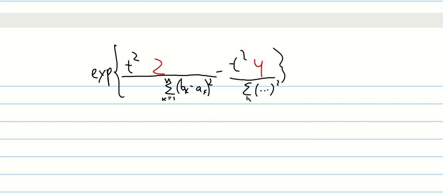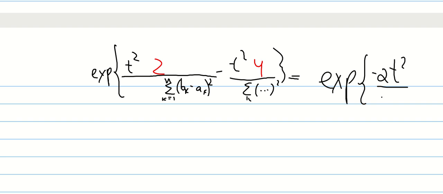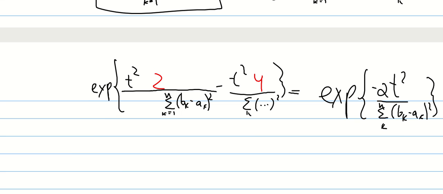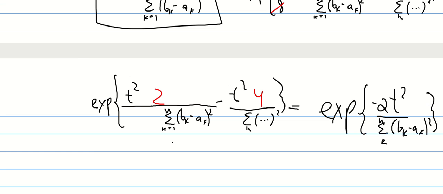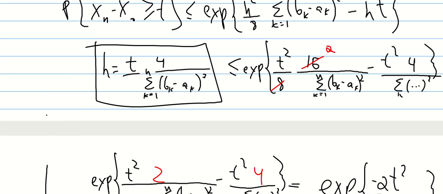So essentially this is equal to e to the minus t squared minus 2t squared over the sum. So let's look at the result we wanted, and this is exactly what we have. So this finishes the proof of the Azuma-Hoeffding inequality.